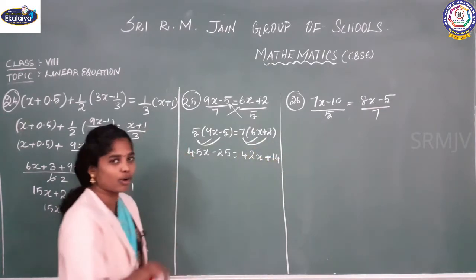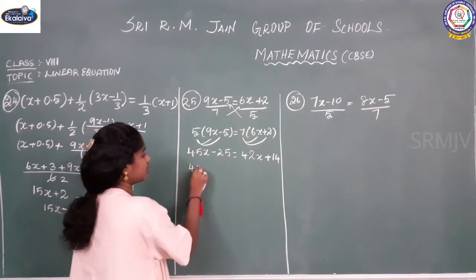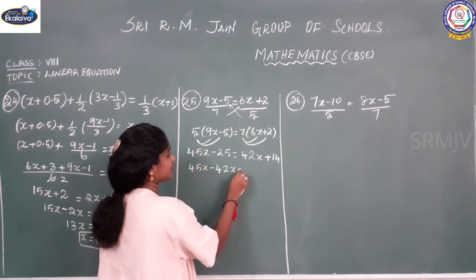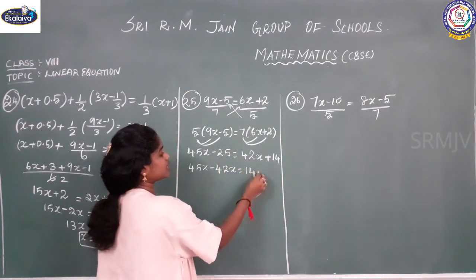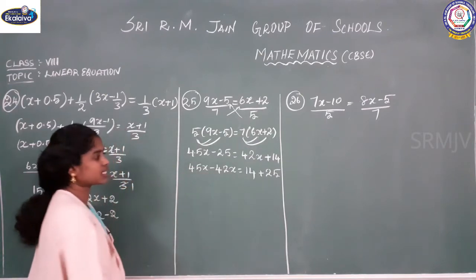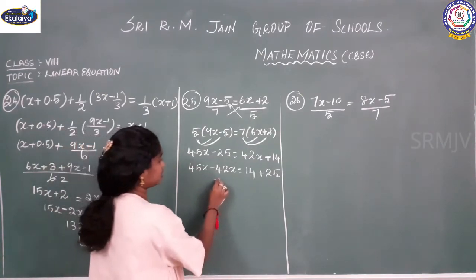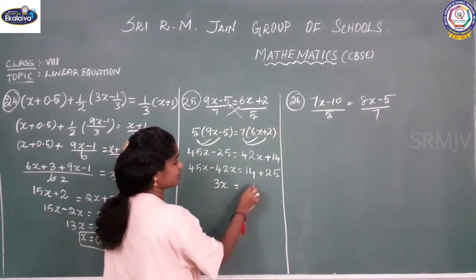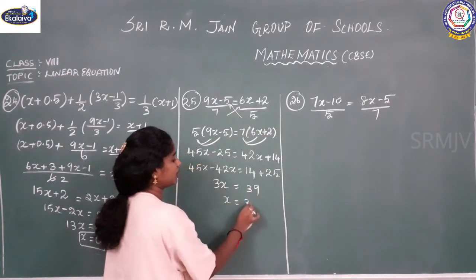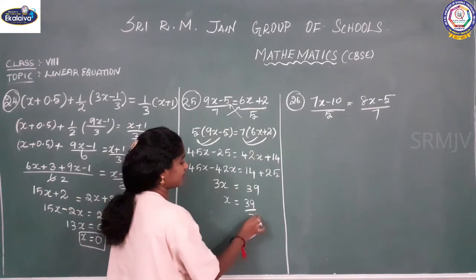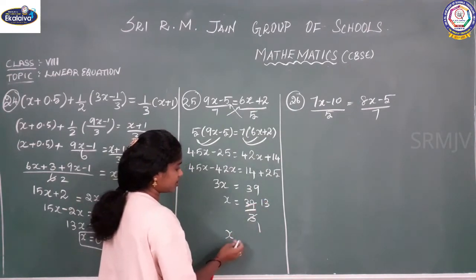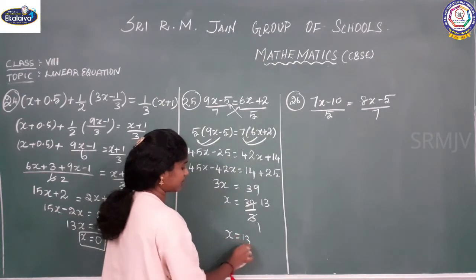I am going to bring all the x one side. So 45x minus 42x is equal to 14 plus 25. So 45x minus 42x, I will get 3x. This I will get 39. So x is equal to 39 by 3. 3 1s are 3, 3 13s are 39. So x is equal to 13.